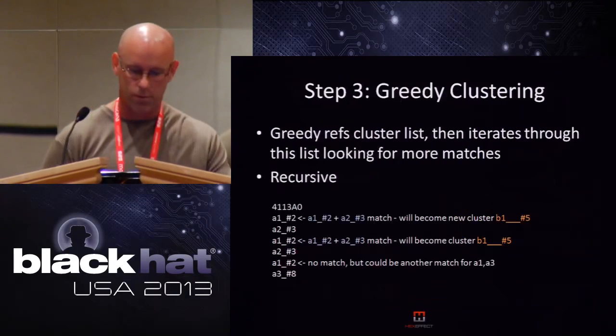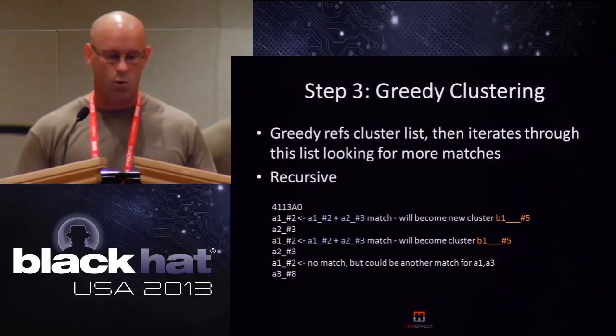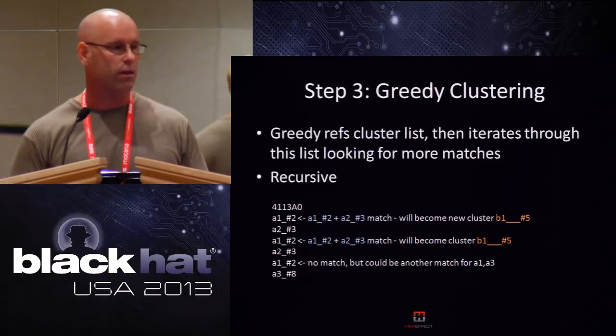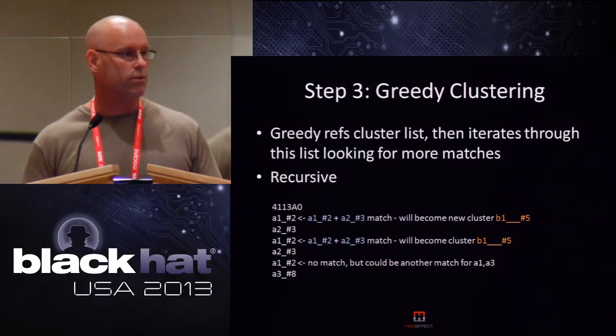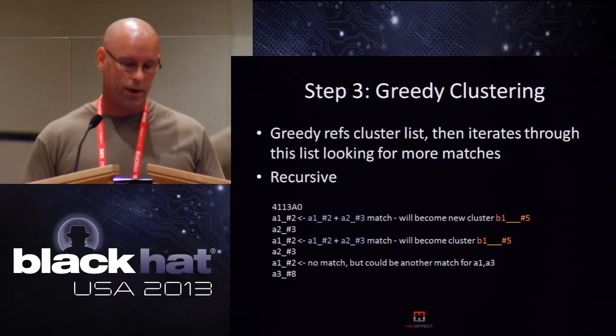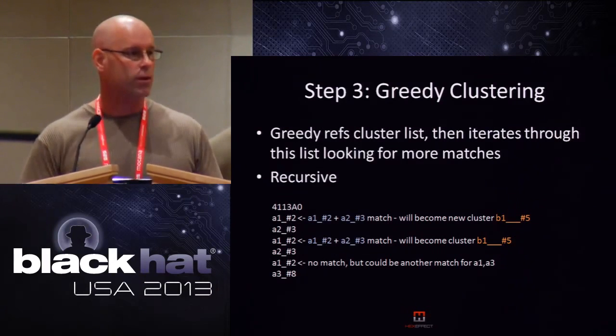And so once I'm done with compressing basic blocks, I move into the second phase of the clustering, which is the recursion, where I just do this greedy clustering. It's really pretty simple, actually, because I create another frequency graph from the next round of clustering, right? So I can see A1 pound 2, A2 pound 3. I look in my hash table and I say, is that ever being repeated?